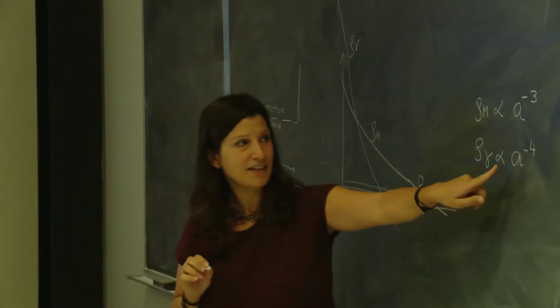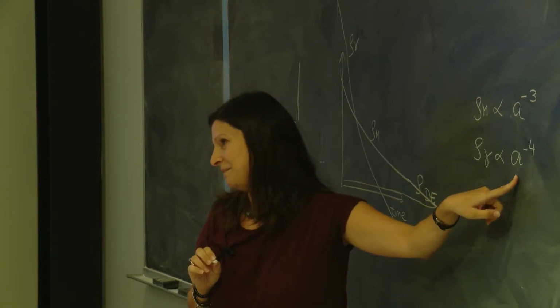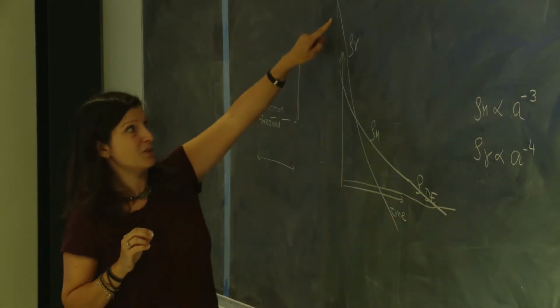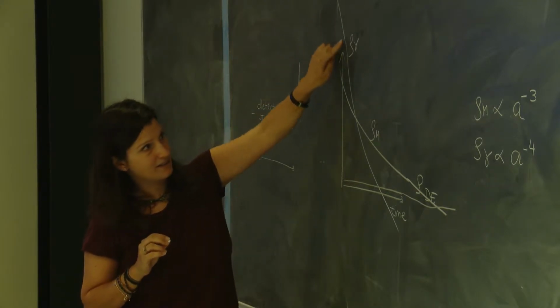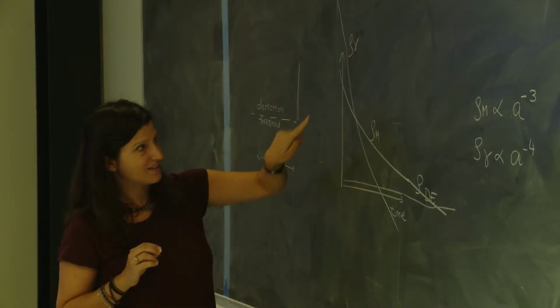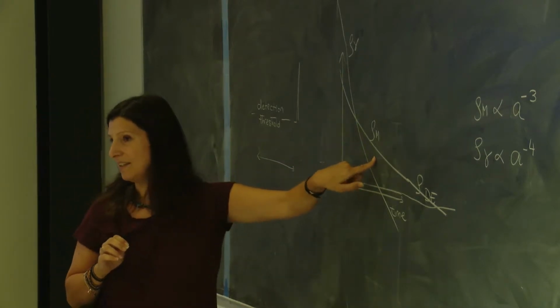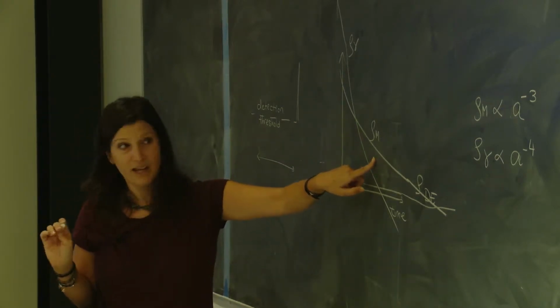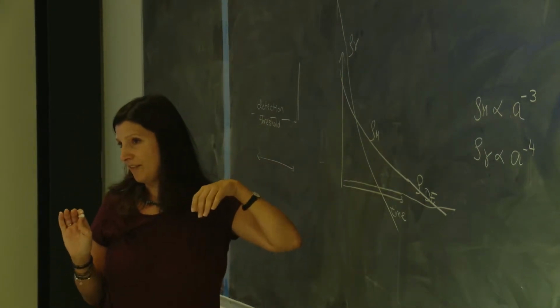Because when the scale factor becomes small, this number becomes very large as you go back. And so you have a beginning where you're radiation-dominated. After a while, this is decreasing more steeply, and so what comes next is a matter-dominated era. And in all this, dark energy is constant but completely insignificant.